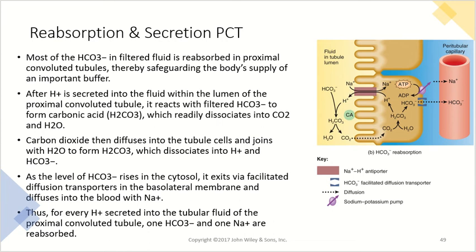So as our levels of bicarb increase in the cytosol, it's going to exit via facilitated diffusion via those transporters in the basolateral membrane, and it's also going to diffuse into the blood with sodium. Therefore, for every hydrogen ion that's secreted into the tubular fluid of the proximal convoluted tubule, there's going to be one bicarb ion and one sodium ion that are reabsorbed.